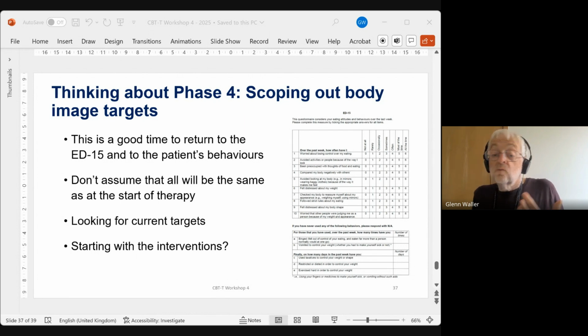I will also look at the person's behavior. How do they dress when they come in the room? Are they dressed very baggily? Do they sit down very carefully to make sure their thighs don't touch? Anything that gives you an idea about the kind of body image problems you're going to be facing, so that I know which body image targets I'm going to be looking at. We'll come back to that after the summer break.